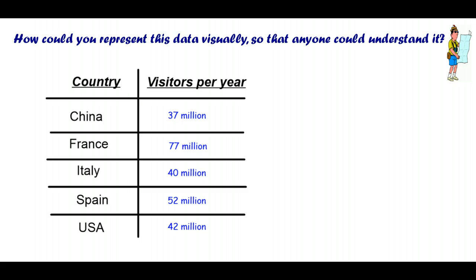We could create something you might remember like a pictograph where every person represents, let's say, 10 million people, in which case we can have some people here, awkward partial person off on the end because it's not quite to 40 million, etc. We could represent it that way, and as long as we know that one little person represents 10 million people, then we can use that to compare each of these different countries together.